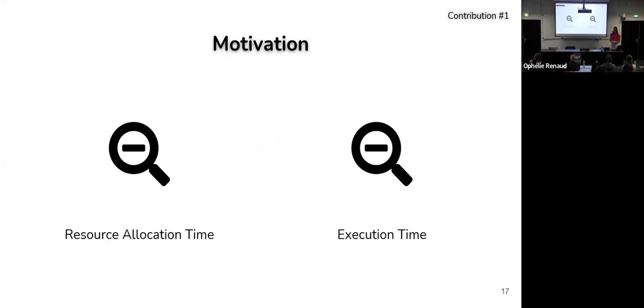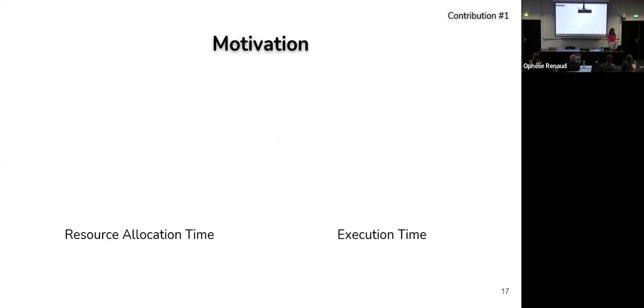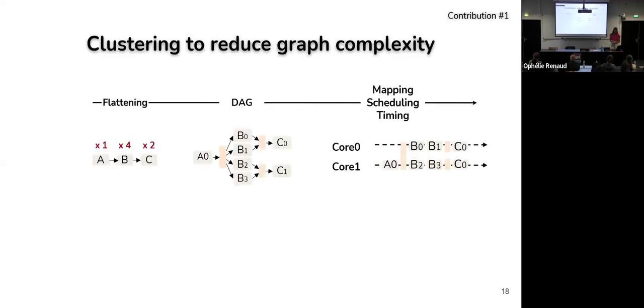The aim of our first contribution is to reduce the resource allocation time within a single node without compromising the execution of an application on the parallel target, and even reducing its execution time. So, back to the standard resource allocation.